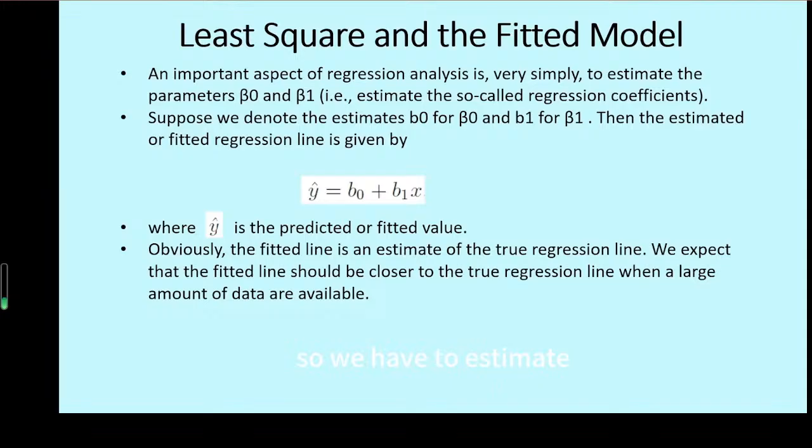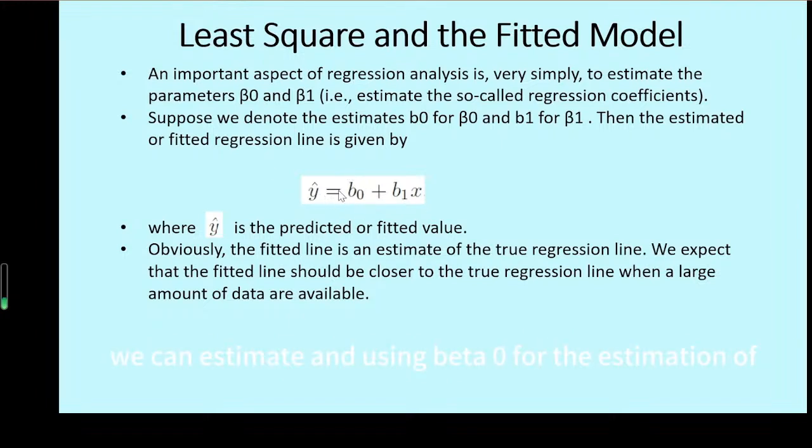So we have to estimate these two parameters, but we never know them. What we know is only the observed value of y and the deterministic value of x, right? So from these values, we can estimate this regression line.